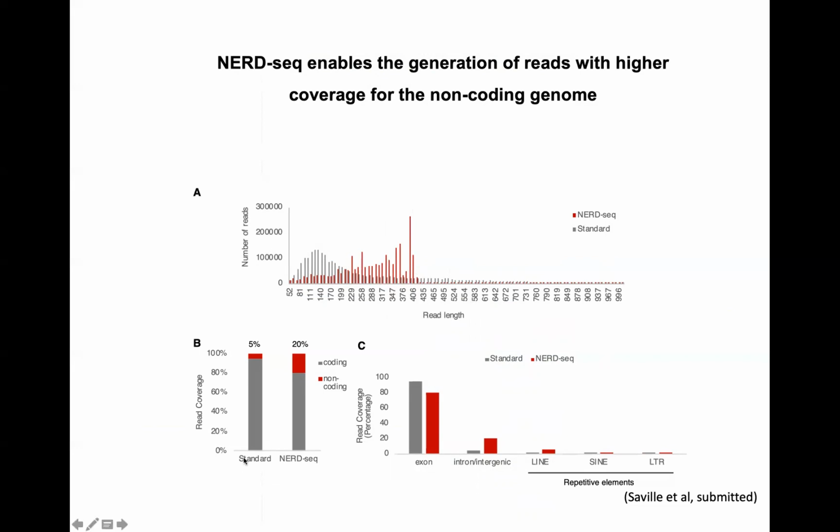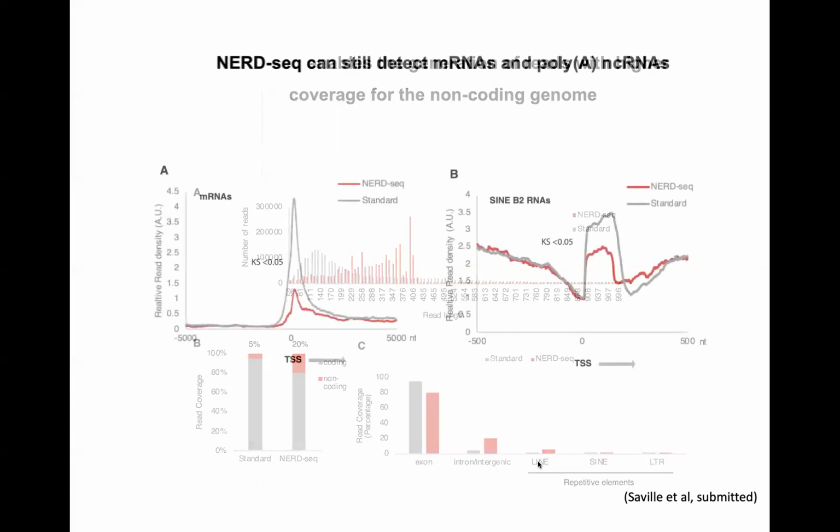And when we compare the standard with the NERD-seq, we see that although the vast majority of transcripts that are identified are coding transcripts, mRNA transcripts, the part of non-coding identified with NERD-seq is significantly higher. And we can see here for exonic versus intronic and intergenic regions, and LINEs and SINEs and other repeated sequences, how NERD-seq actually provides a significant enrichment in the non-coding part.